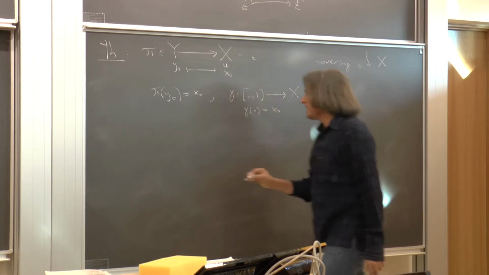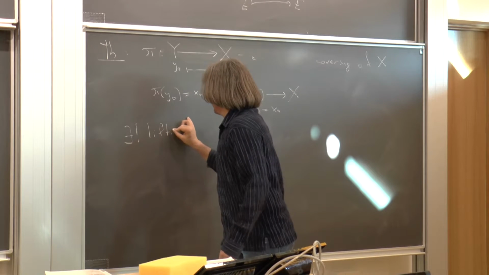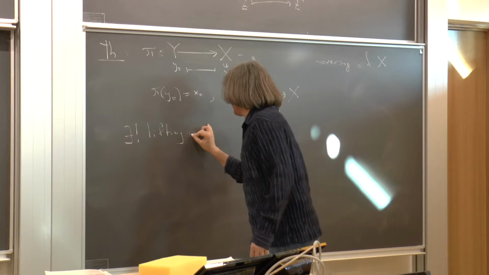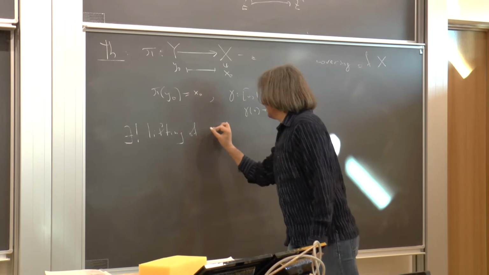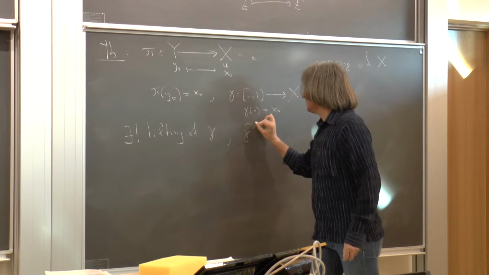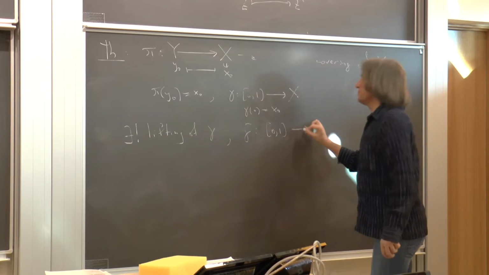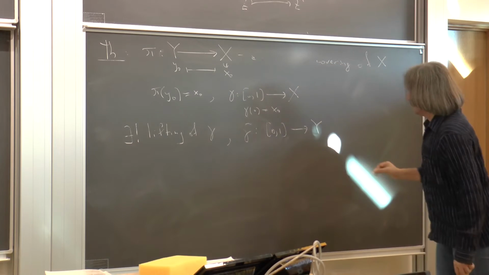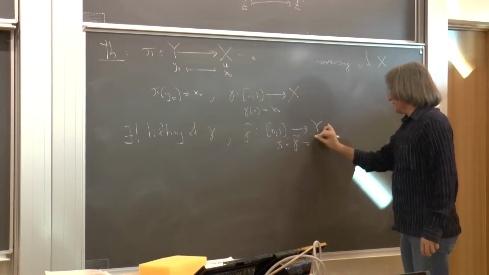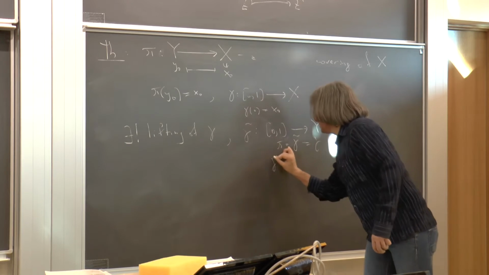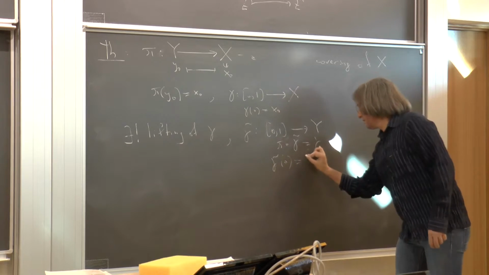There exists a unique lifting of gamma, so gamma tilde, from [0, 1] to y, with pi composed with gamma tilde equals gamma, and gamma tilde of 0 equals y naught.